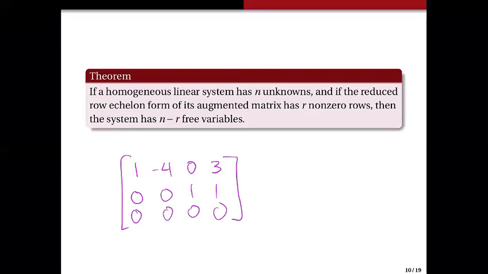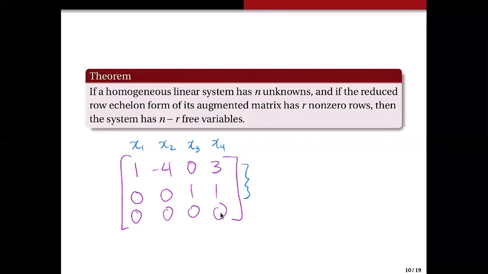So we have here, say, x sub 1, x sub 2, x sub 3, x sub 4. You have 4 variables. The augmented matrix has r non-zero rows. What are the non-zero rows? These two guys. The third row is a 0 row.